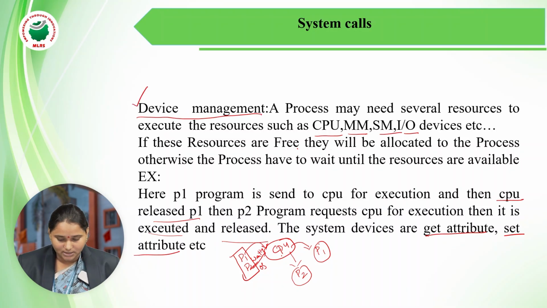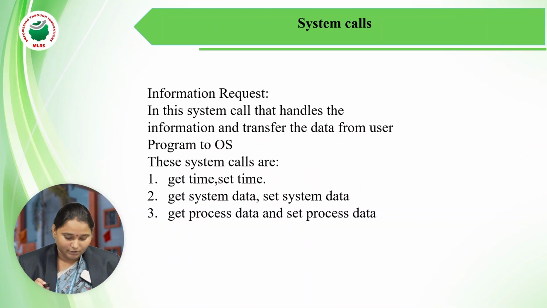Next, coming to the next system call, information request. These system calls handle the information and transfer the data from the user program to the OS. Whatever information or data we have to send can be sent through the information request.